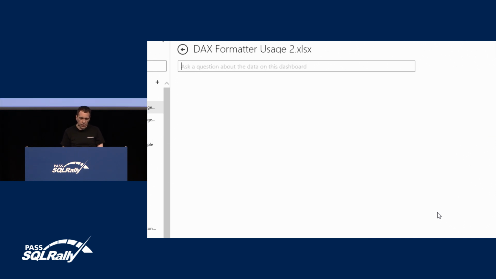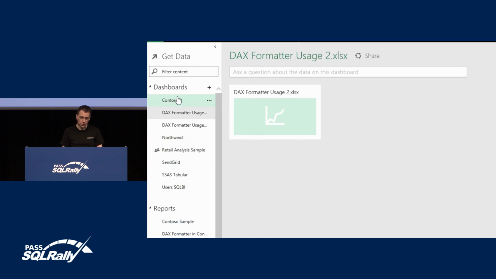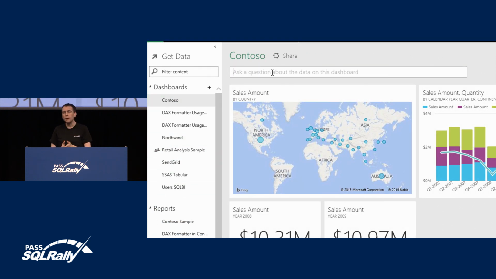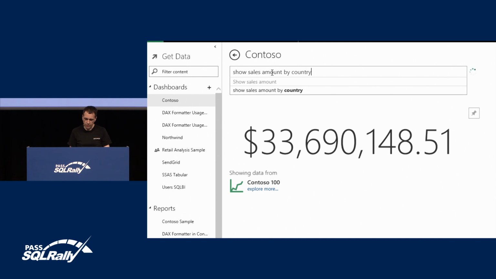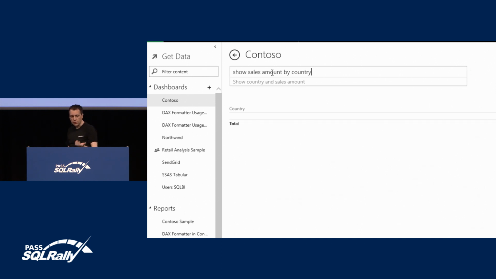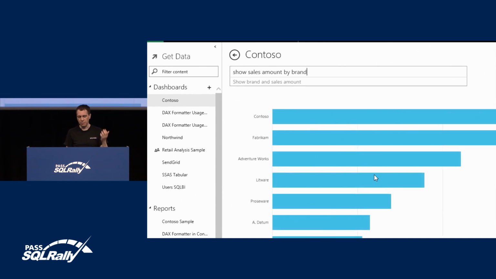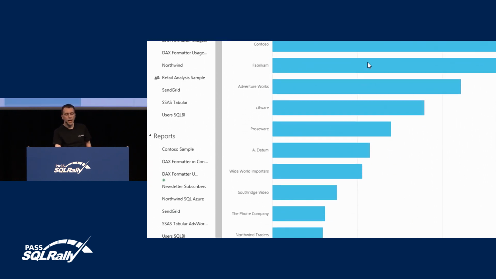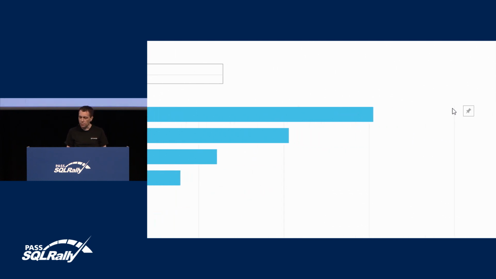Of course, if I go to a more interesting data source, for example Contoso, when I type a question here, I could see show sales amount by country. And you see, by model, brand. I don't remember. OK, brand is something that we have. So we obtain a single visualization that we can pin to the dashboard.